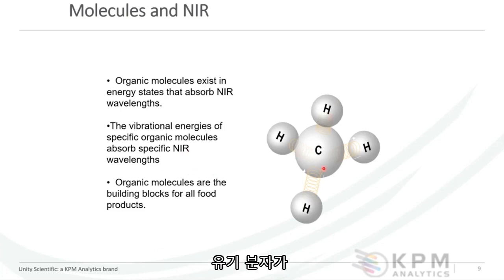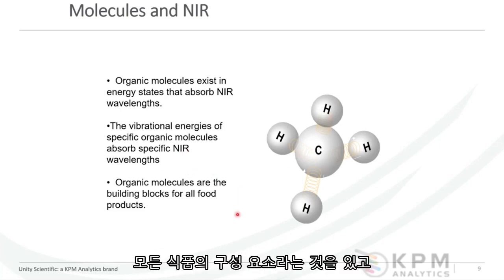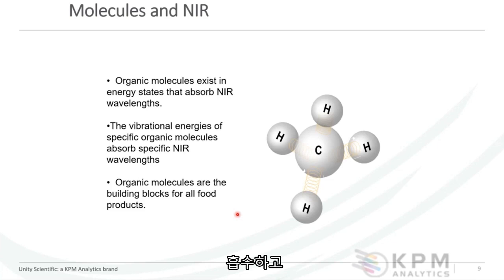We know that organic molecules are the building blocks of all food products and all of our agricultural products. This is primarily what we're going to be interested in with our measurements in NIR.